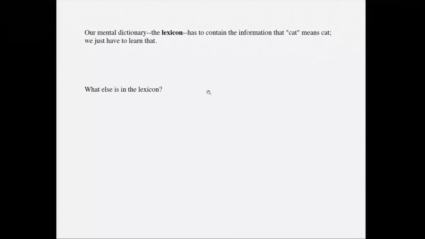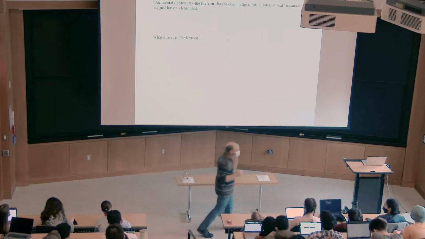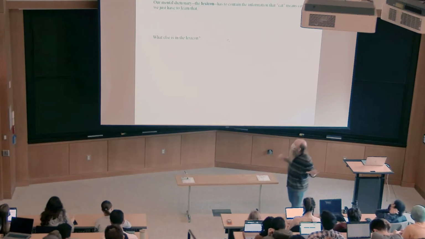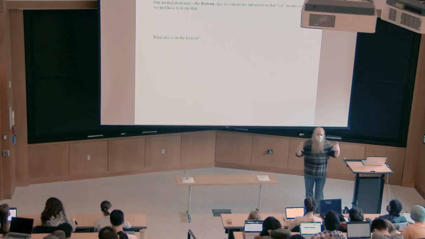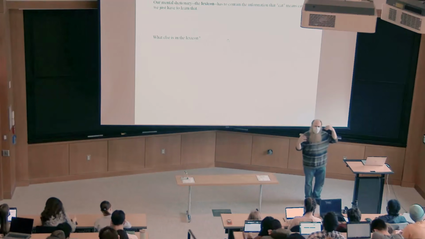So if we're trying to make a list of everything that you know about your native language, if we're talking about English, one of the things that we've got to list is that the word cat means cat, right? And that's one of the many bits of information that's in your head. Doesn't follow from anything. We've just got to learn that. Now let's think.